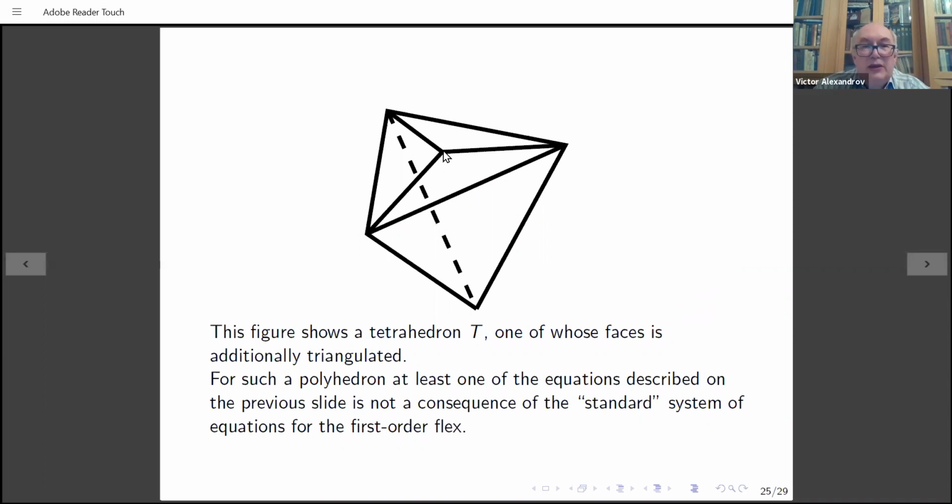This is an additional vertex, and this face is split into 3 triangles. But they are located in the same plane where the initial triangle was located. For such a polyhedron, at least one of the equations described on the previous slide is not a consequence of the standard system of equations for the first order flex.